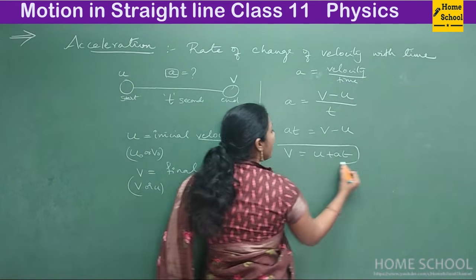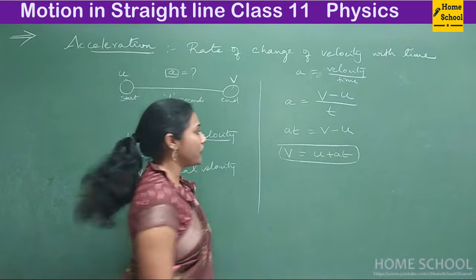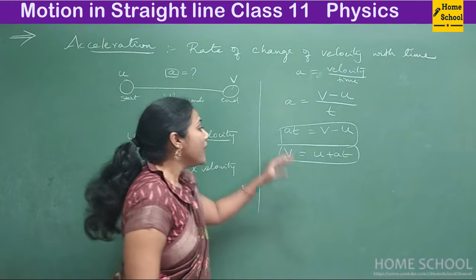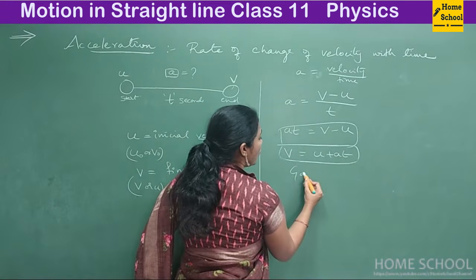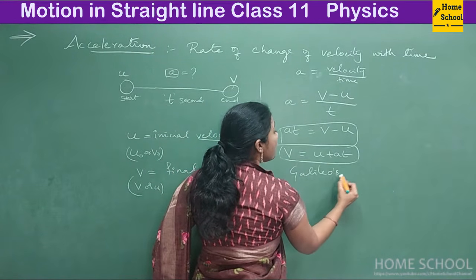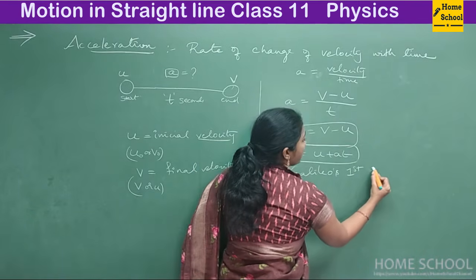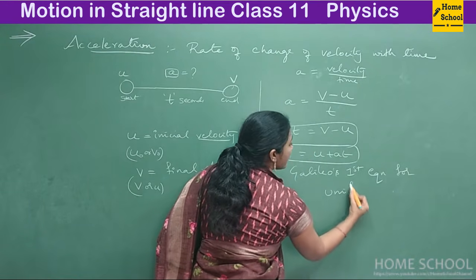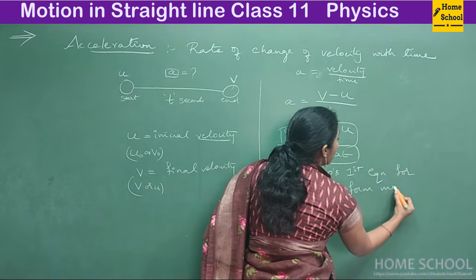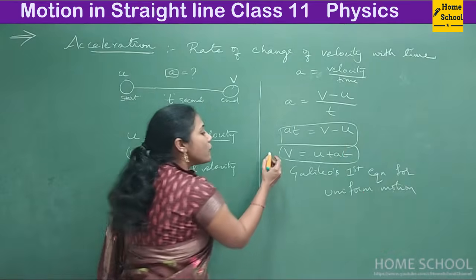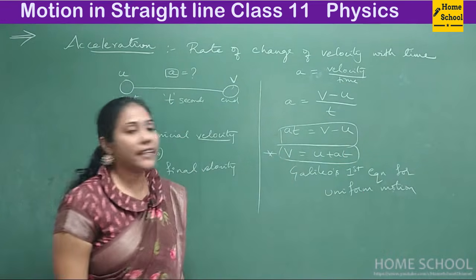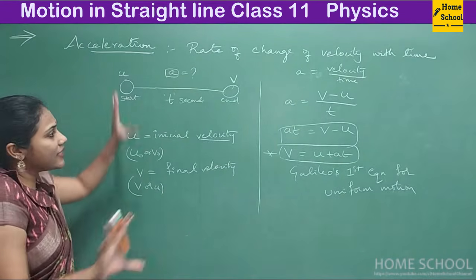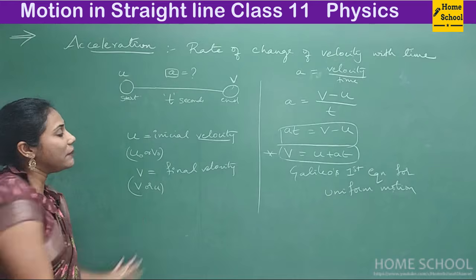This is one of the very, very important equations. Both of these are talking about the same thing, and this is called Galileo's first equation of motion, the first equation for uniform motion. This is one of the very, very important equations that you have to remember. Clear? Fine.